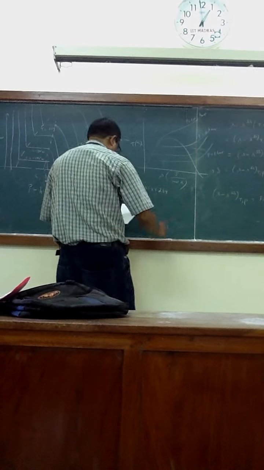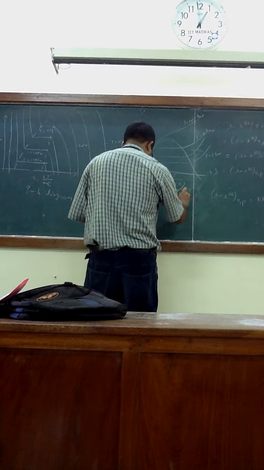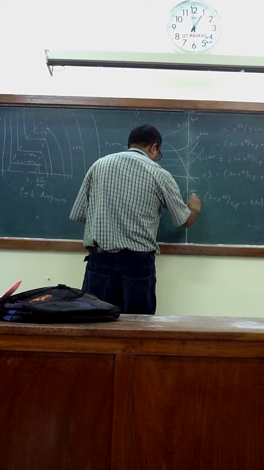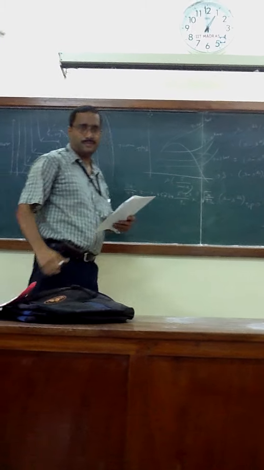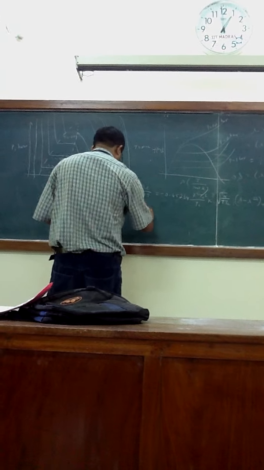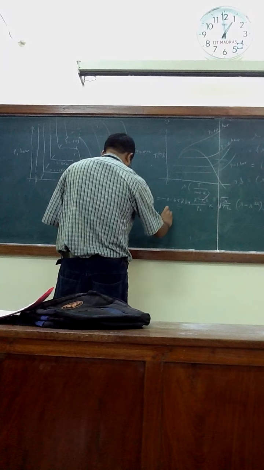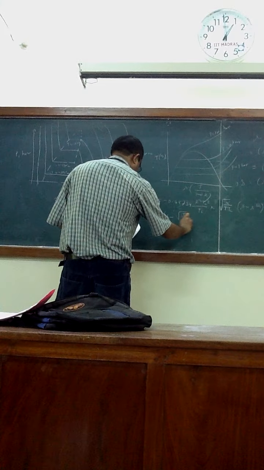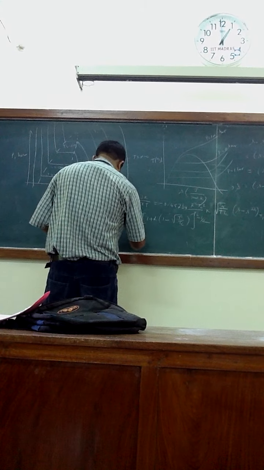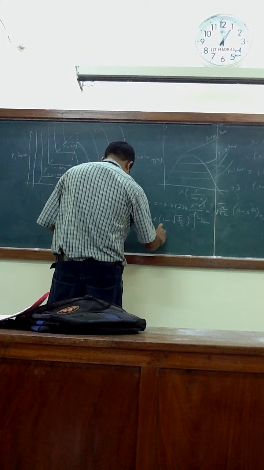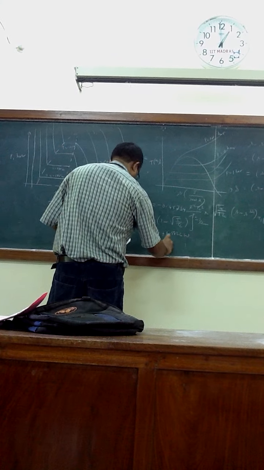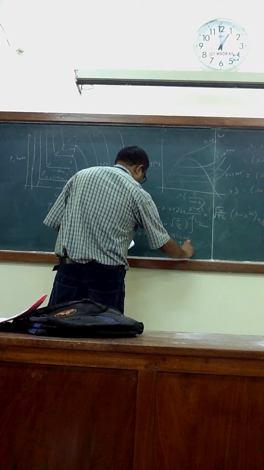0.45724 R square PC square by PC kappa to square root of alpha T PC. Okay, and alpha is 1 plus kappa 1 minus square root of T by PC whole to the power minus R. Kappa is 0.37464 plus 1.5422 omega minus 0.26992 omega square.